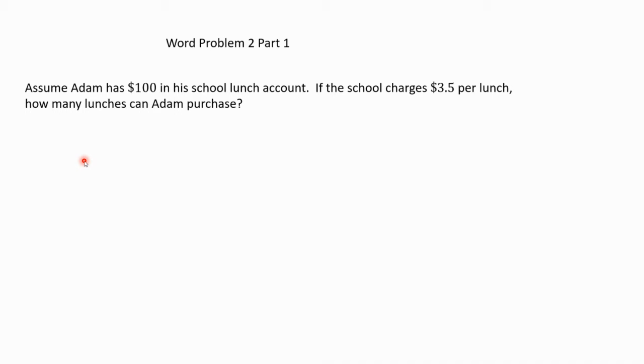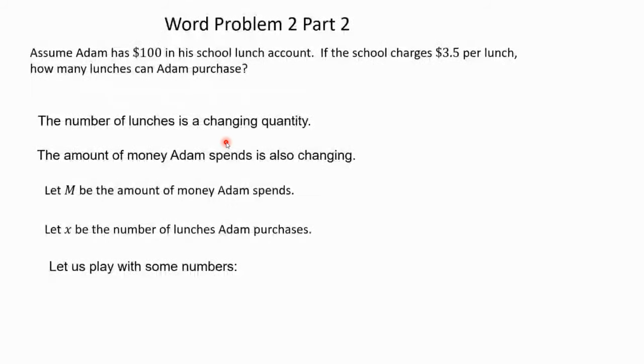Okay, so we read the problem. So what's changing here? What quantities are changing? Well, how much money Adam has in his account and how much money he spends on buying lunches. Every time he buys a lunch, it costs Adam money and he loses money from his account.